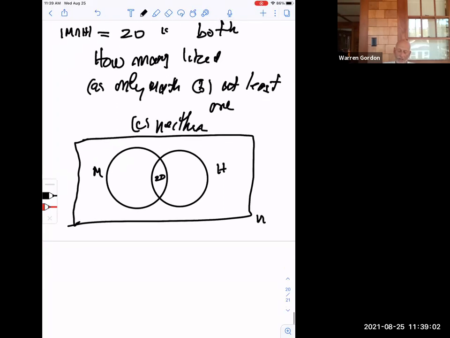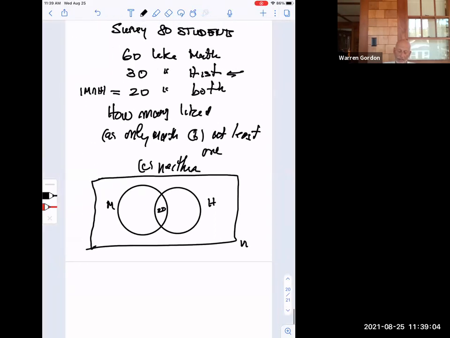Well, I know the whole circle for history must be 30. So what's left must be 10. And similarly, 60 like math. I already have 20, so I have another 40 who like math. And that accounts for 70 students, right? 40 plus 20 plus 10.